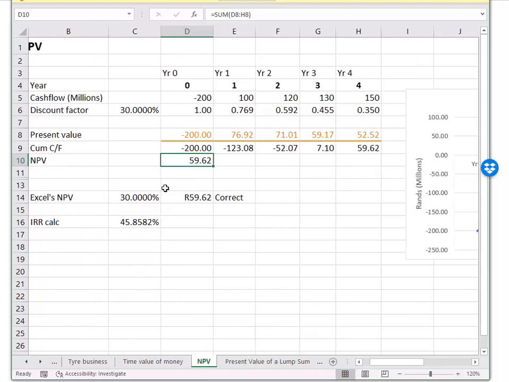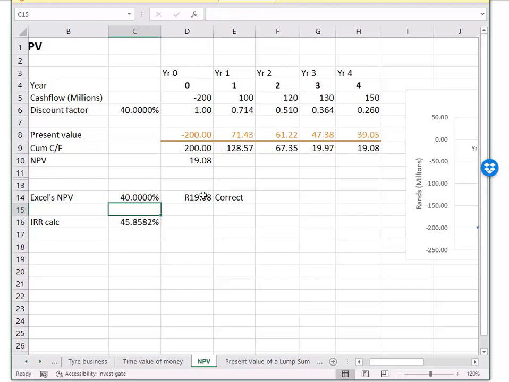Now we can do a series of iterations. We could say, what happens if this is at 40%? And you'll notice this is heading down towards 0. We might say 45%. And what if we said 45.8582? Well, you'll see this number comes all the way down to 0.